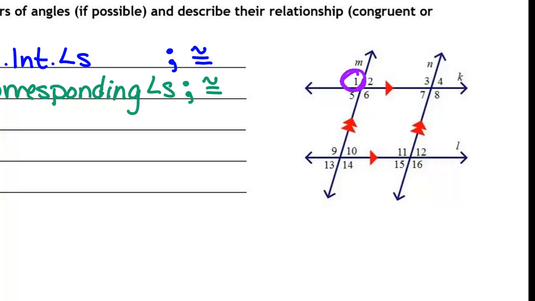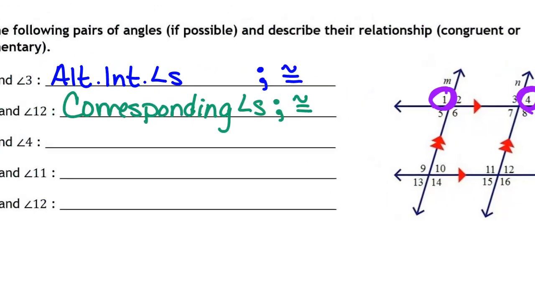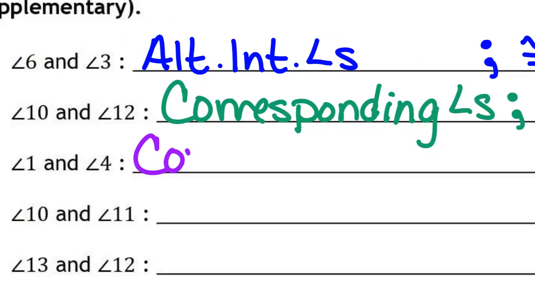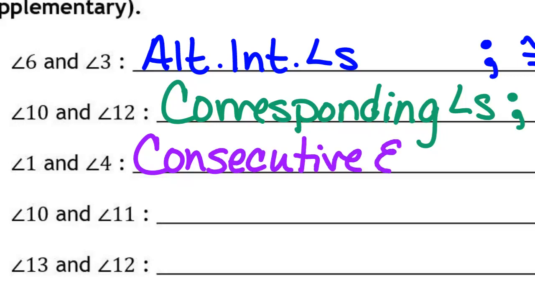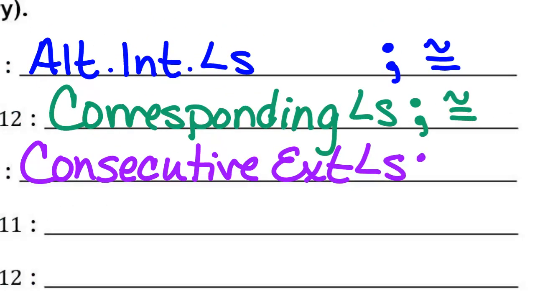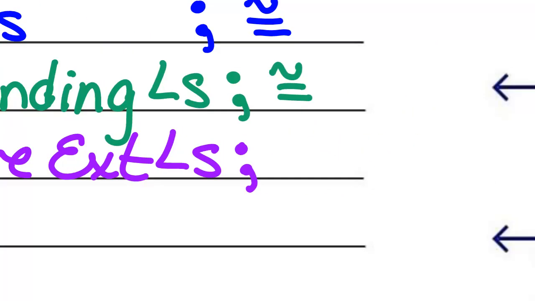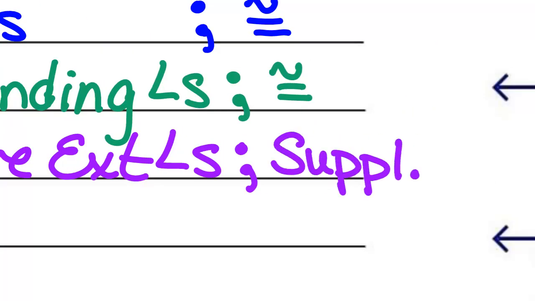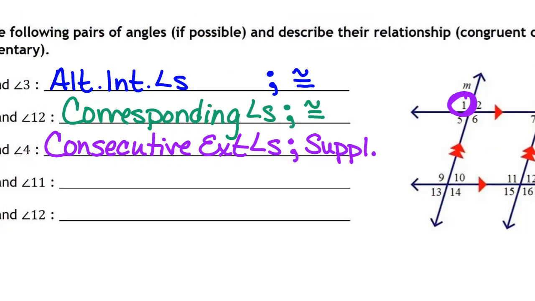Angle 1 and angle 4. Consecutive exterior. Are consecutive exterior angles congruent or supplementary? Supplementary. Yep. Yes.